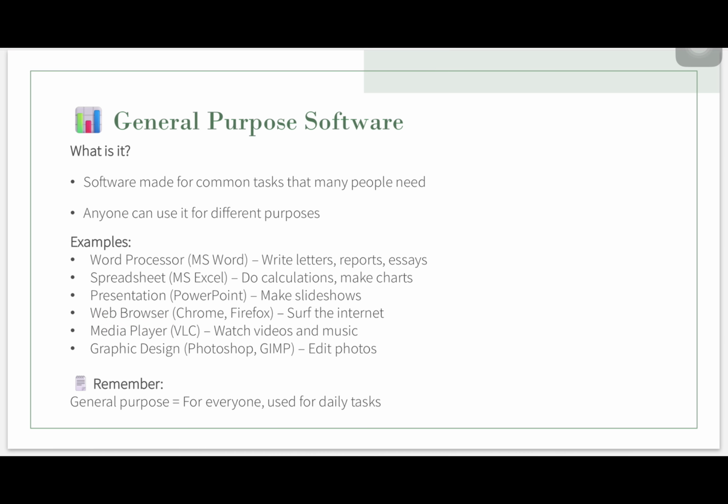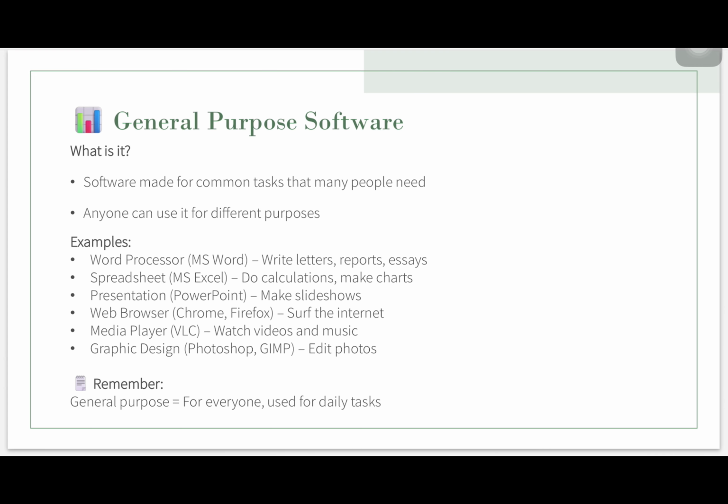What are examples? Chrome, Firefox, then we can say Brave, Microsoft Edge. What is the use of it? Surf the internet, correct? Then media, VLC, watch videos and music. Then last one is graphic design, also called Photoshop, we can say. Photoshop, GIMP. What is the use of this? Edit photos. And one famous company is Adobe Photoshop, correct?